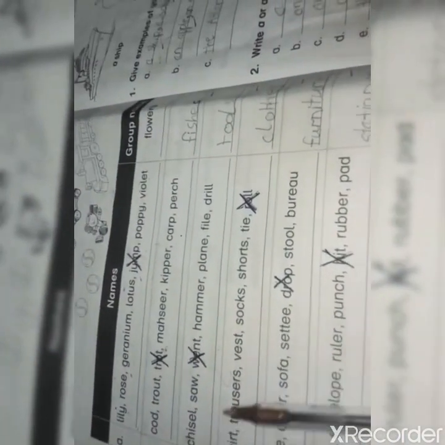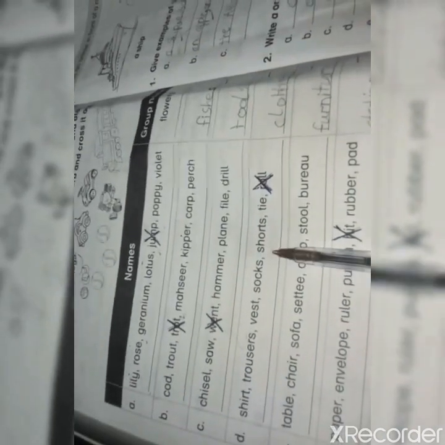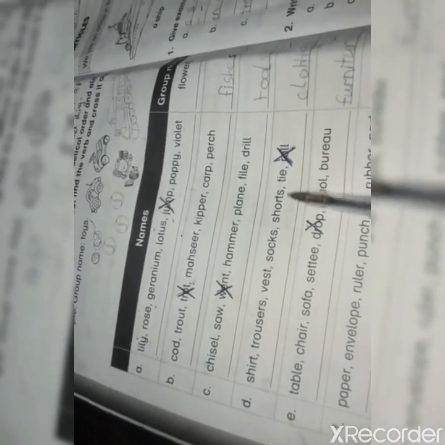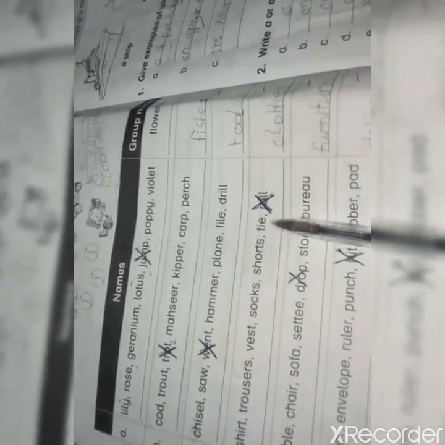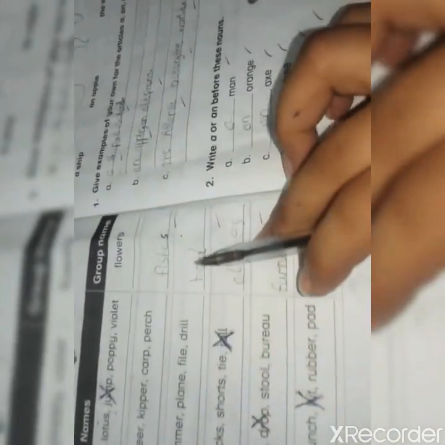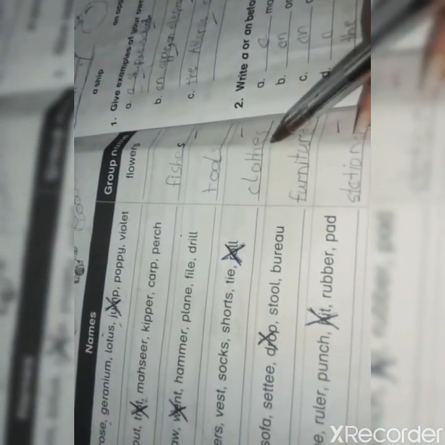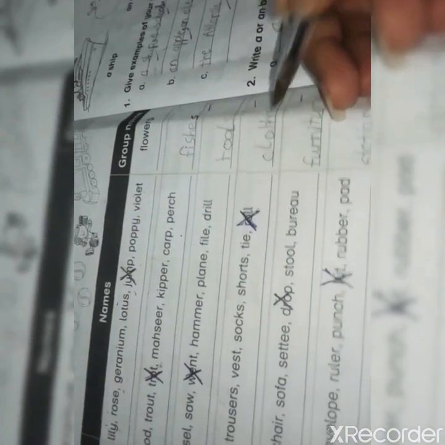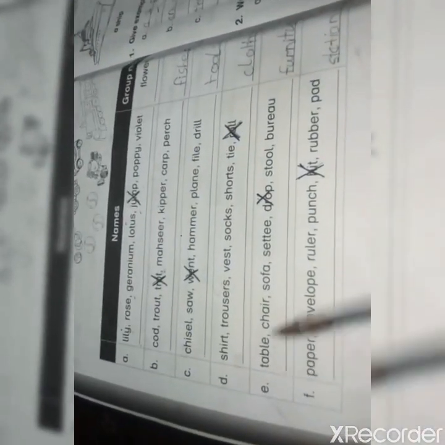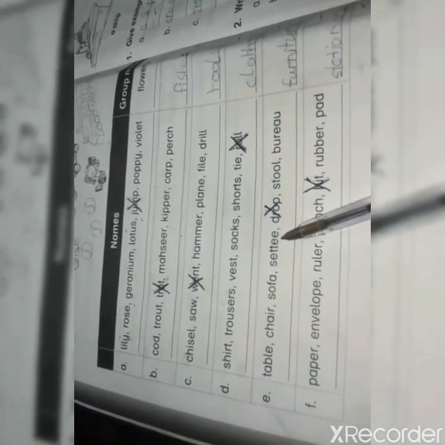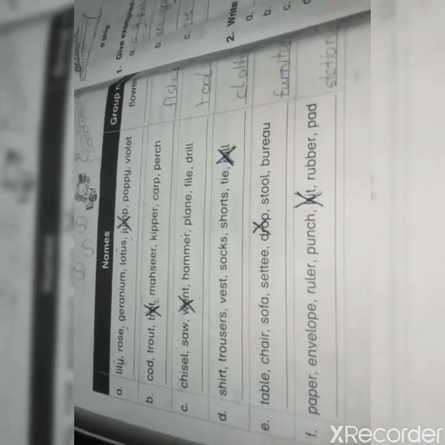D part, shirt, trousers, vest, socks, shorts, tie. What are all of these? These are clothes, the clothes that you wear. So they belong to the group name clothes. The group clothes. You'll write clothes over here. E part, table, chair, sofa, settee, stool, bureau.